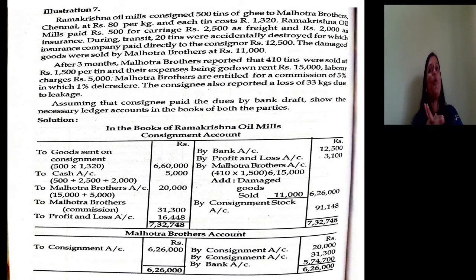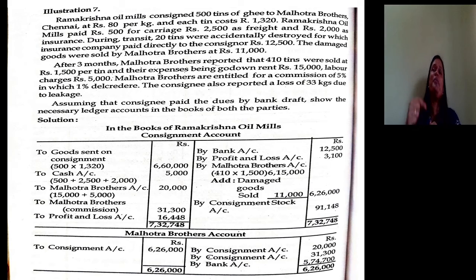Listen, in this problem we studied a few different things. There is normal loss, there is abnormal loss, and how normal loss impacts the calculation of closing stock. Then the way they treated abnormal loss is different from the way they treated the same abnormal loss in previous problems. But I explained how to treat it just like what we did in the previous problem, and also how they treated it.